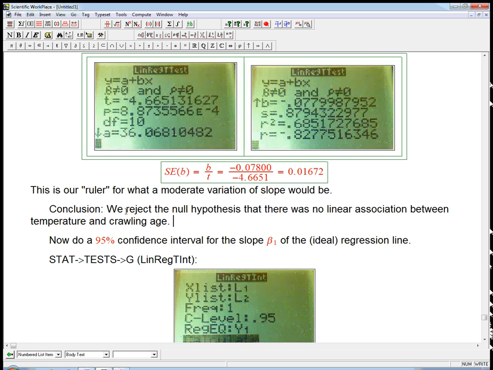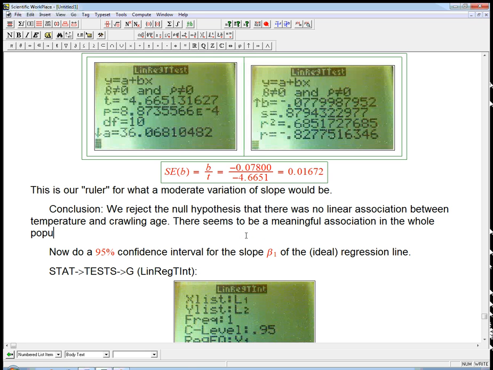There really does seem to be a meaningful association in the whole population. We're quite sure that in this sample there was an association. That's really quite clear between these variables. But the more interesting thing, where inference is coming in, is that we are extending that to a claim about all babies.